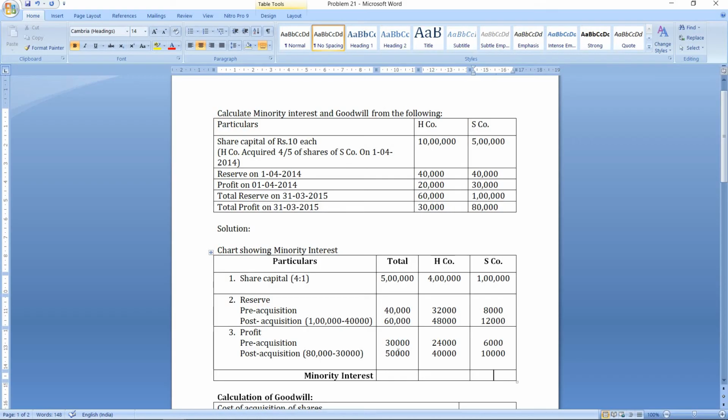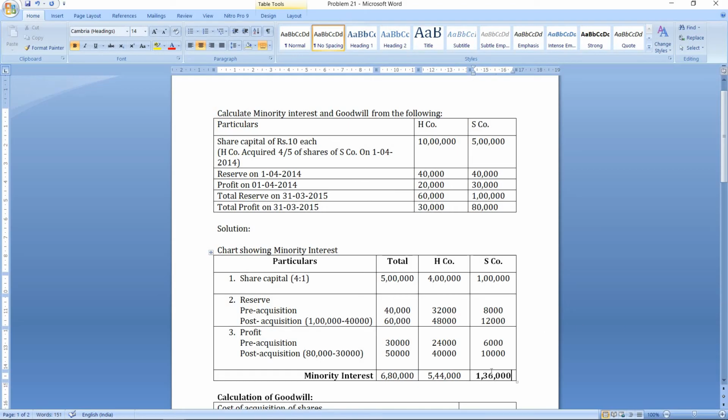Let us make the total of this column. That will be 6,80,000. Let us make the total of holding company, that will be 5,44,000. Let us make the total of minority interest, that will be 1,36,000.